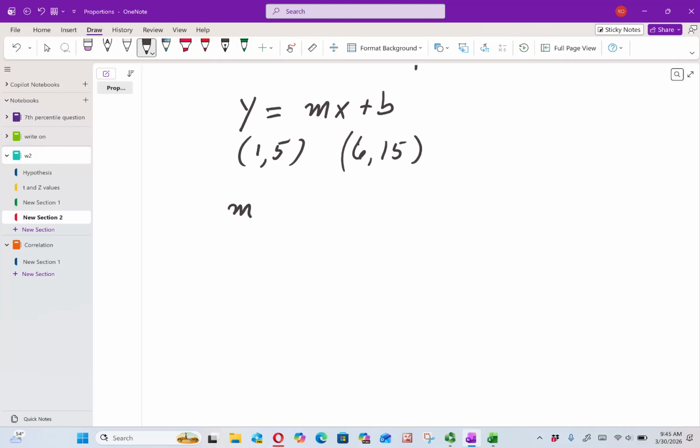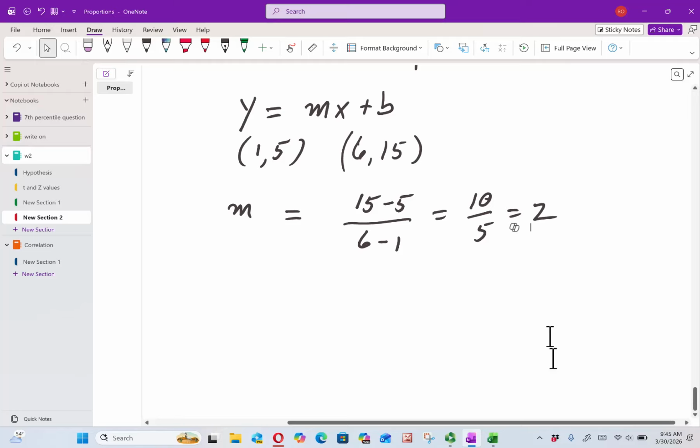It is pure rise over run, and here the rise is 15 minus 5, and the run is 6 minus 1. This is exactly what you did in algebra class, which is 10 over 5, so the slope is 2.